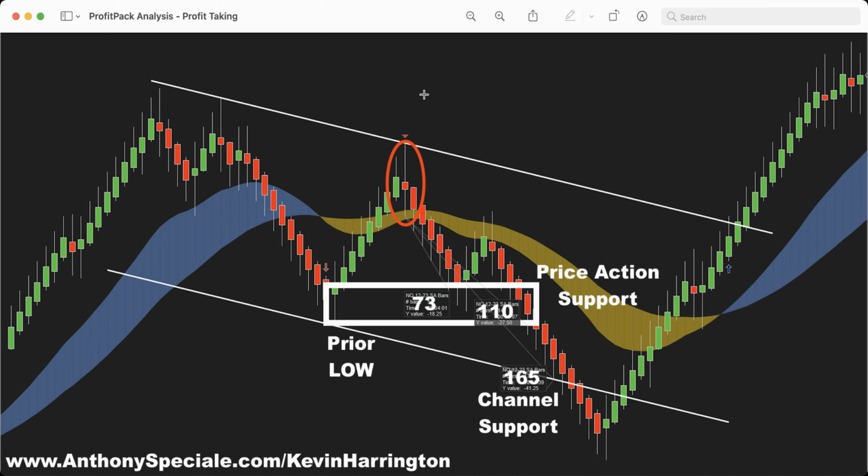All the things I teach in the daily live trade room, I'm just simply applying them to a chart that is super, super clean looking because the SA bars print flawlessly. So the approach that I give the folks that buy or invest in the profit pack is my entry criteria and my exit criteria. The reason I give that to them is because many folks don't have a trade plan.